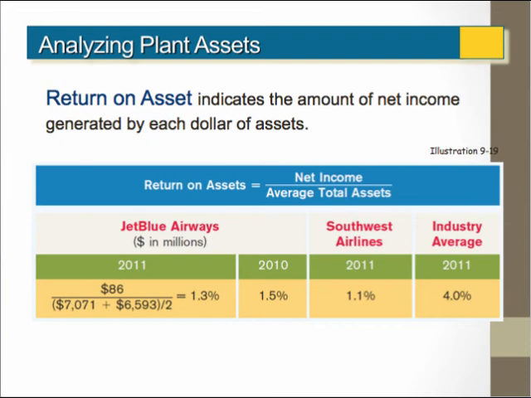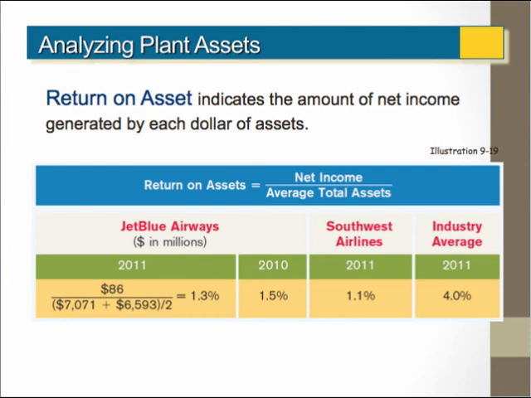So therefore, net income of 86 divided by the beginning plus the ending divided by 2 gives us a return on assets for a company like JetBlue of 1.3%. Their return on assets in 2010 was 1.5%. In other words, their return was less in 2011.